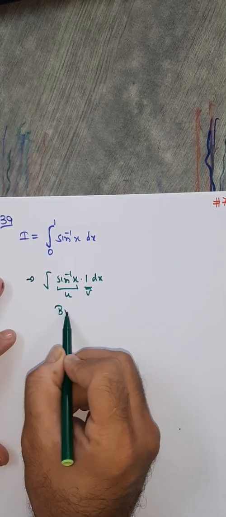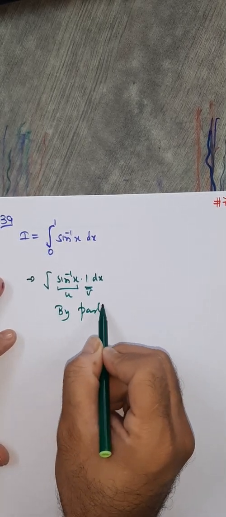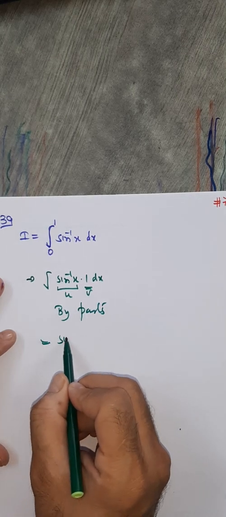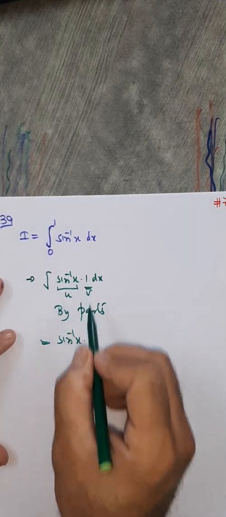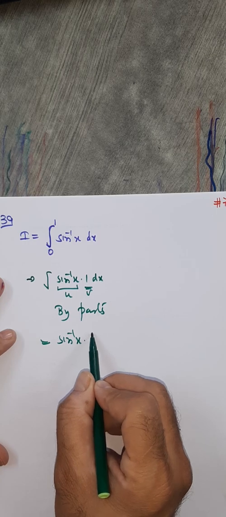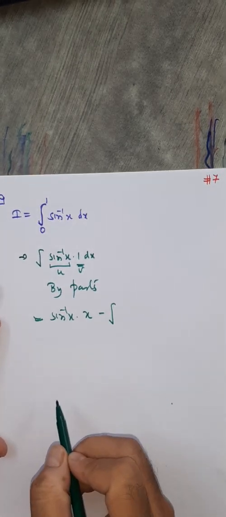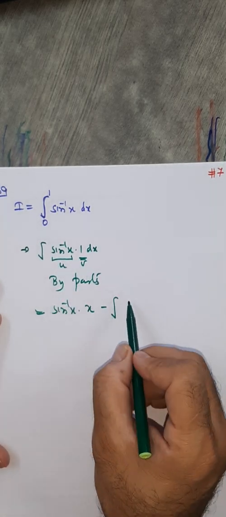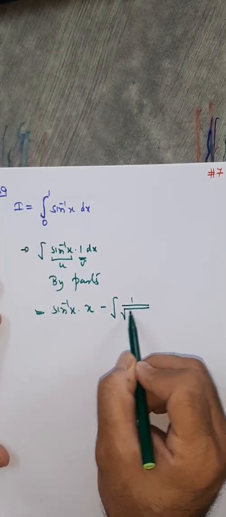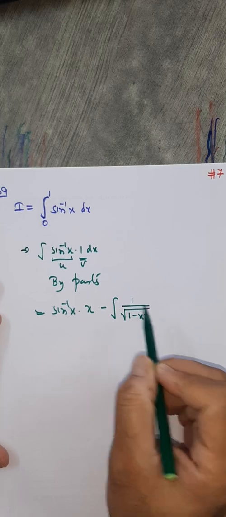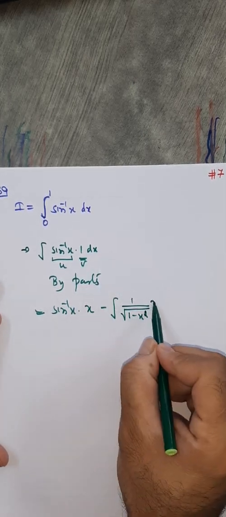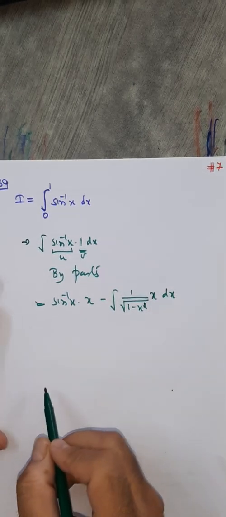So if I use integration by parts, sine inverse x will come out, integral of 1 is x, minus, inside the integral, the derivative of sine inverse x, which is 1 upon root of 1 minus x square, times the integral of 1 as I have written here, x dx.